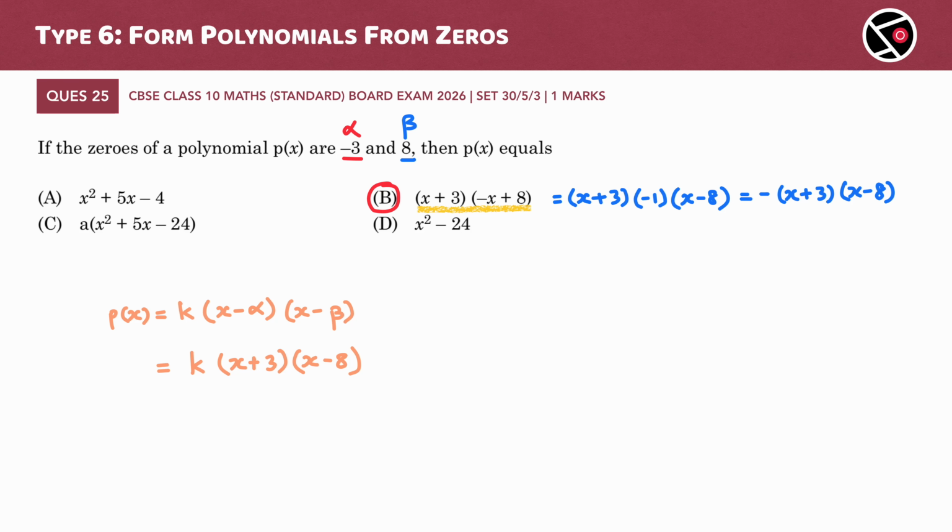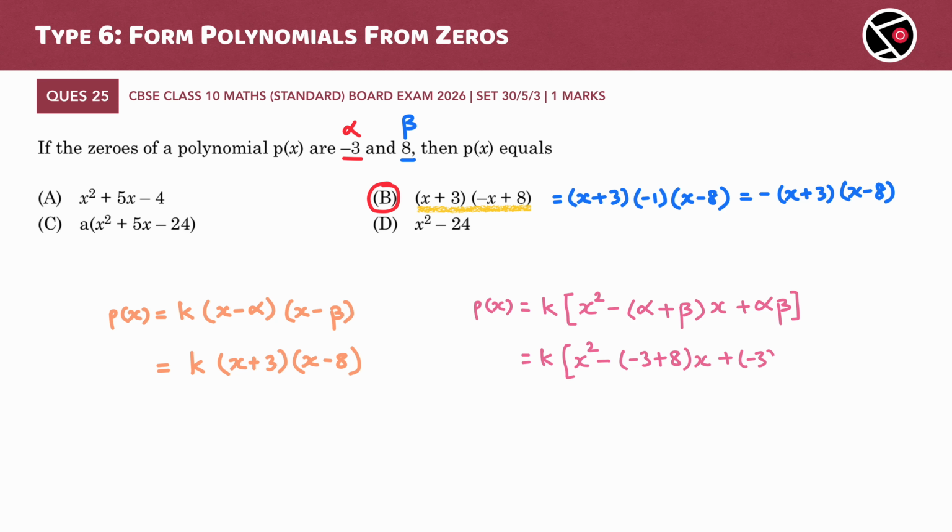Before we move further, let's have a quick look at the other options too. Remember, we can write a quadratic polynomial in its alternative form. p(x) equals k (x square minus sum of zeros x plus product of zeros). We substitute values of alpha and beta and we have k (x square minus 5x minus 24). Now let's compare this with the remaining options.